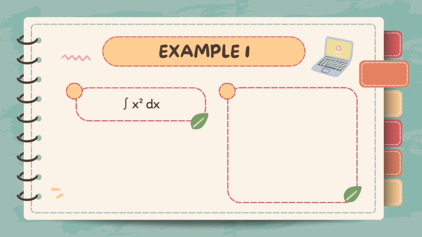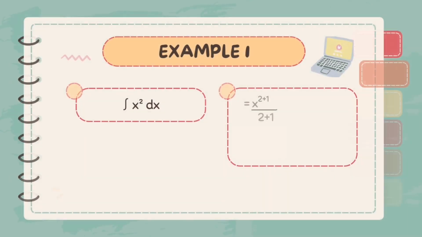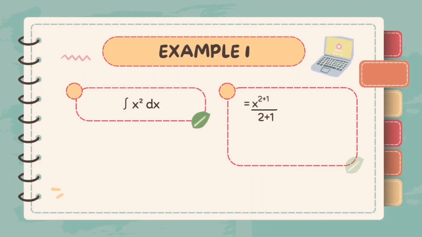For our example number 1, we have the integral of x squared dx. In applying the power rule, we simply add 1 to the exponent and we divide it by the same exponent. So in this case, having the integral of x squared dx, we will have x raised to 2 plus 1 over the same exponent, which is 2 plus 1.